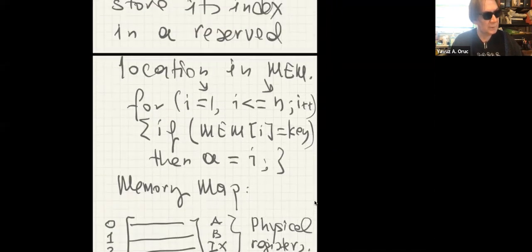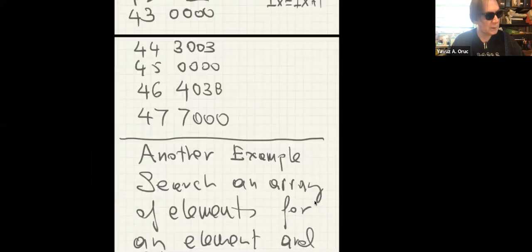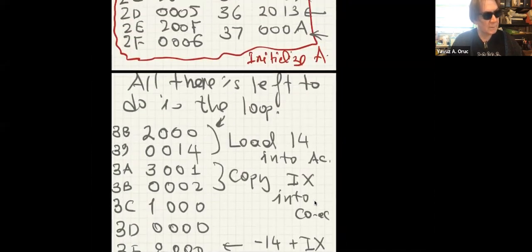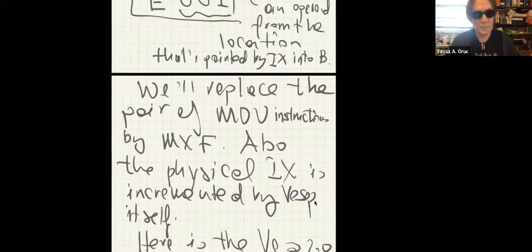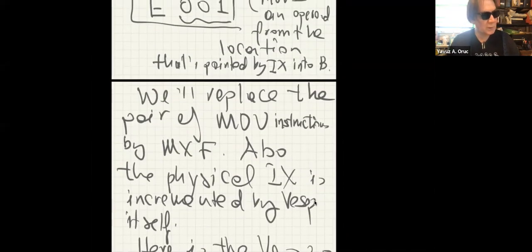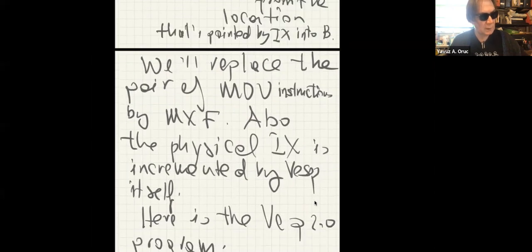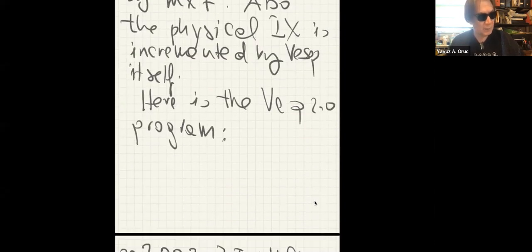We looked at, for example, how to search for an element. And then, of course, this was all based on our VESP 2.0 instruction repertoire, which included these useful instructions, MXF and MXT, in addition to some other instructions like increment and decrement.